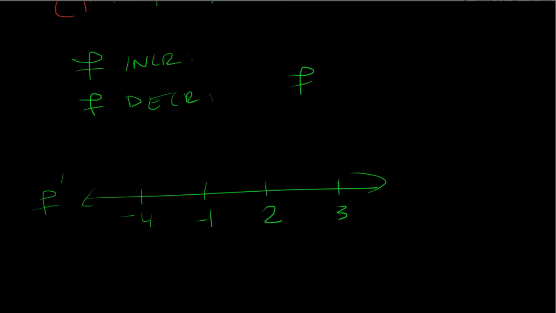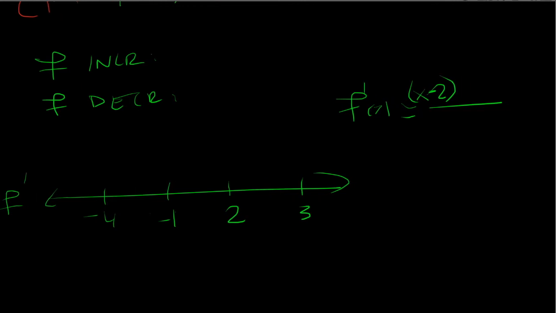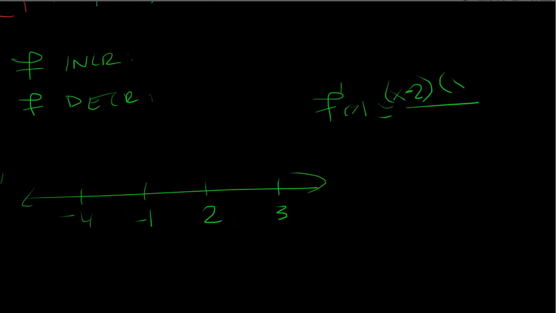And then we just rewrite the derivative: (x minus 2)(x plus 4) over (x plus 1)(x minus 3).